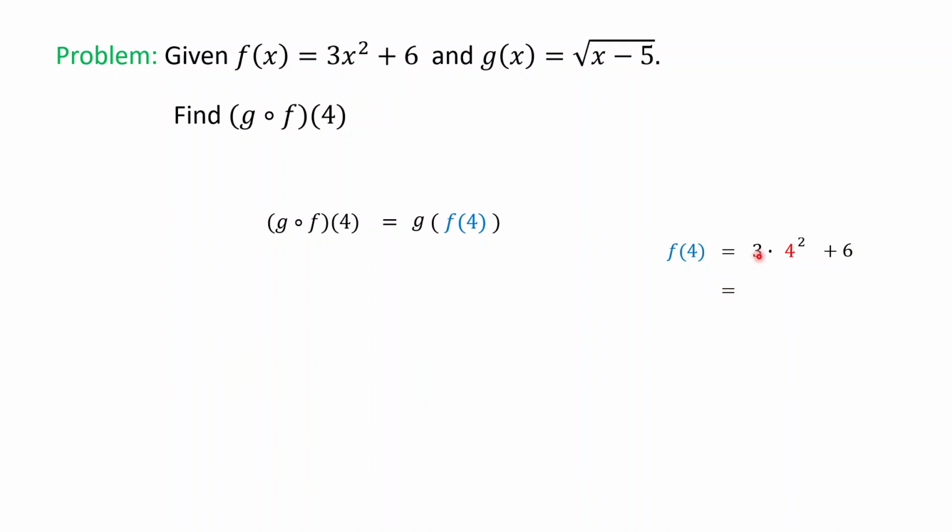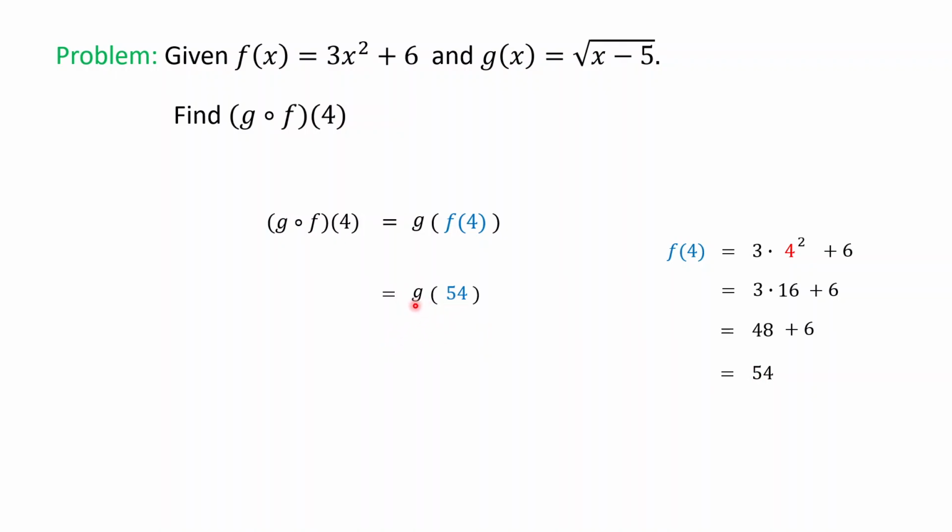This is equal to 3 times 4 squared is 16, plus 6, is equal to 3 times 16, 48 plus 6, that is equal to 54. Now substitute this here because f of 4 is this. So this is equal to g of 54.